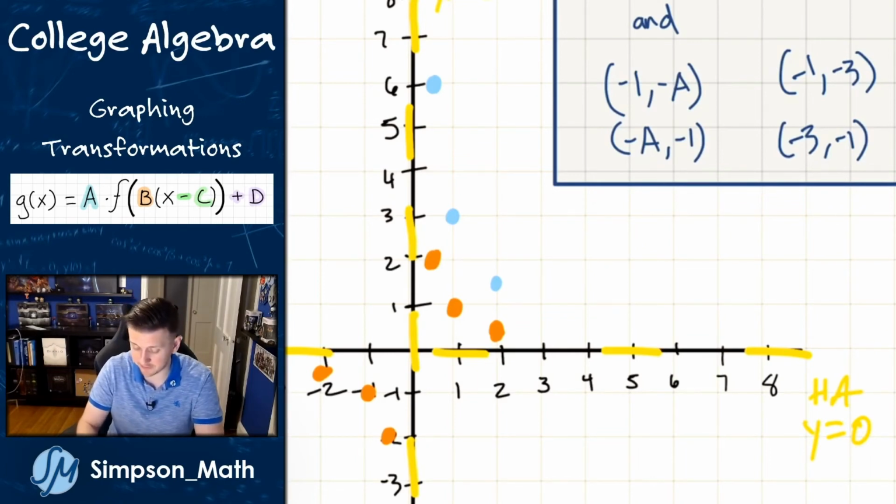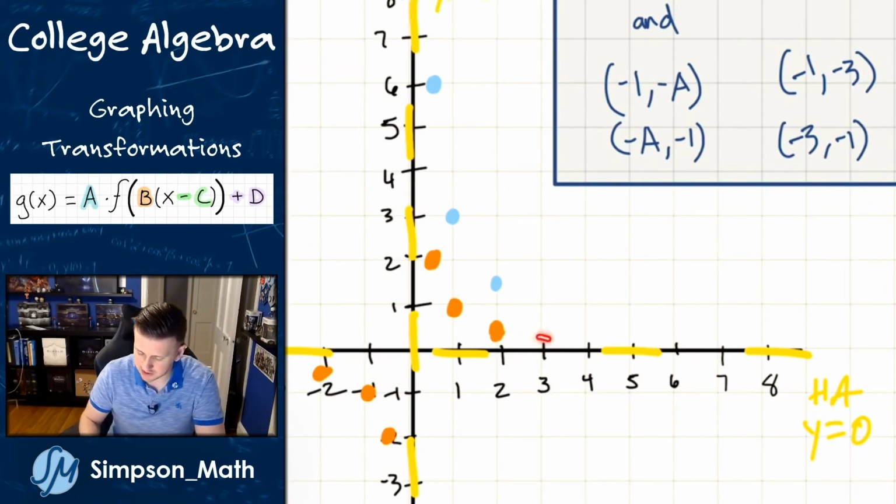So we can be mindful of a few more parent function dots. If I was at 3 specifically, this would be up at a third. I would go up a third for my dot. And what would happen if I multiply 1/3 times 3? Well, I would be at 1.